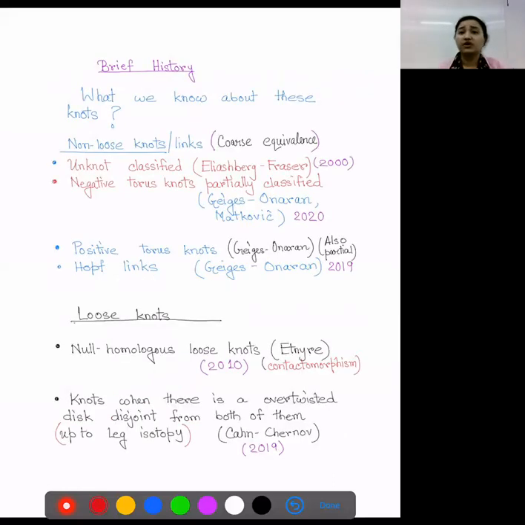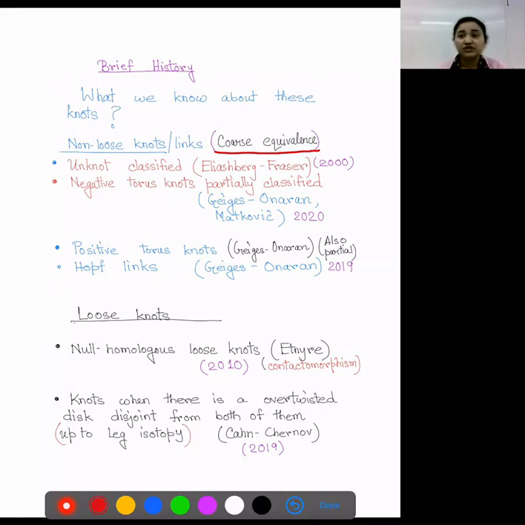Let's see what we know about these knots and links. So first of all, these non-loose knots or links, and all the classifications here will be coarse equivalence, not up to Legendrian isotopy. So the first result is about the unknot. The unknot is classified by Eliashberg-Fraser in 2000. The next one is negative torus knots. This is due to Geiges-Onaran and later Matkovic. She extended their result, but this is not a complete classification.